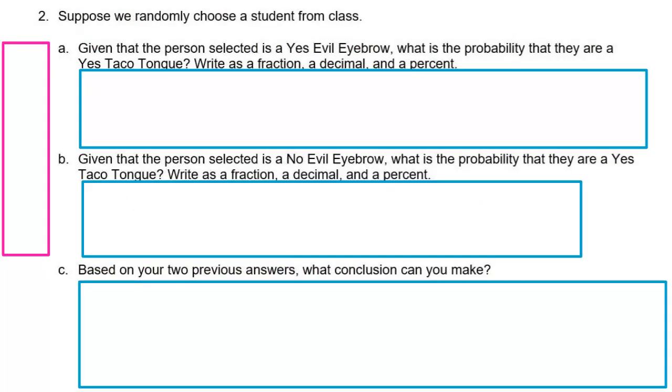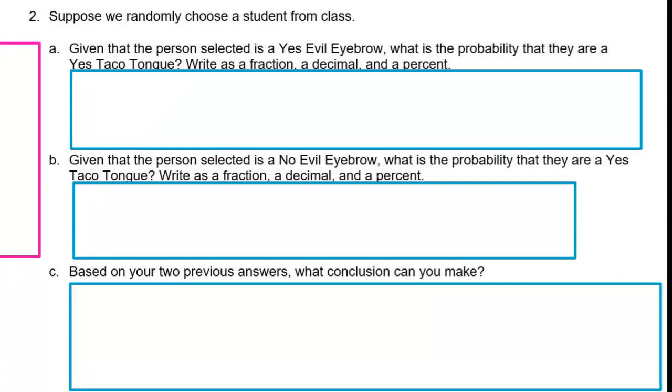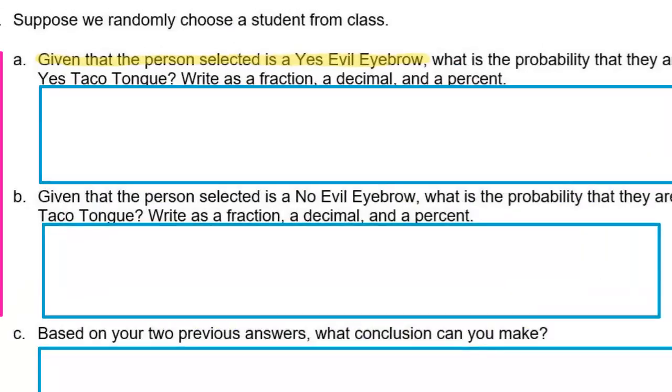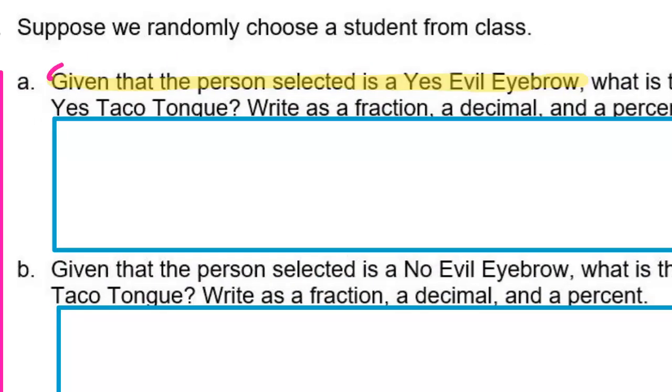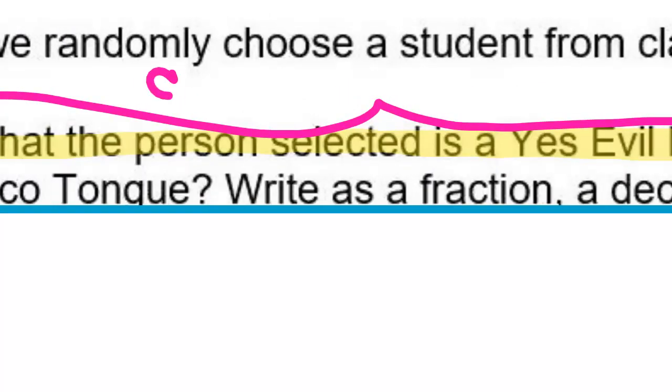So what I want to look at now, here in question number 2, given that the person selected is a yes evil eyebrow, this right here is called a condition.